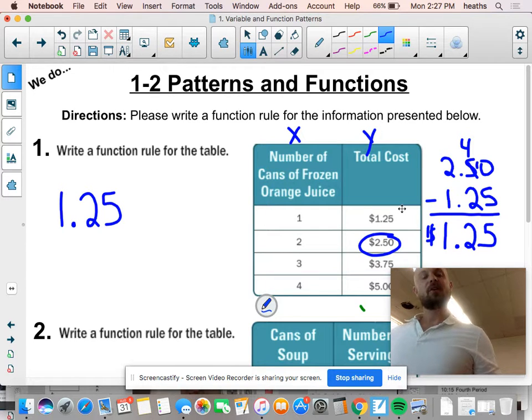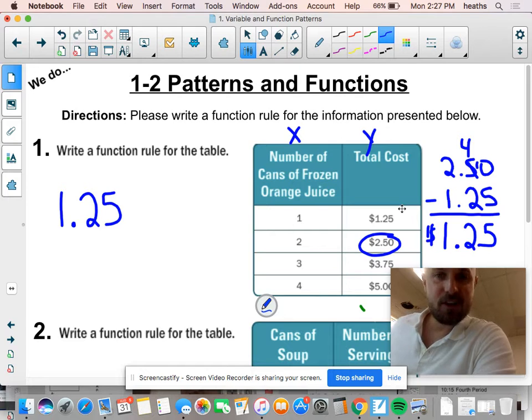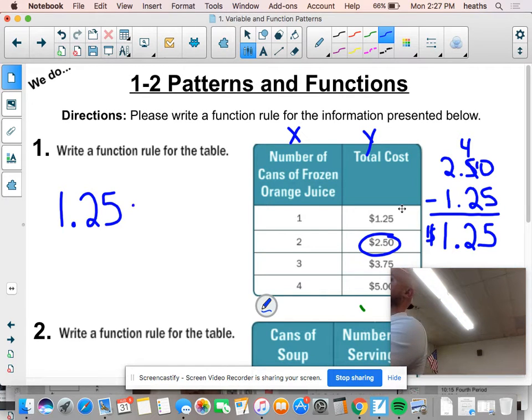Now we need to plug in our x and y. The way we figure this out is 1.25 times the number of cans of orange juice, which is why we're going to put an x, times that is going to equal the y value.